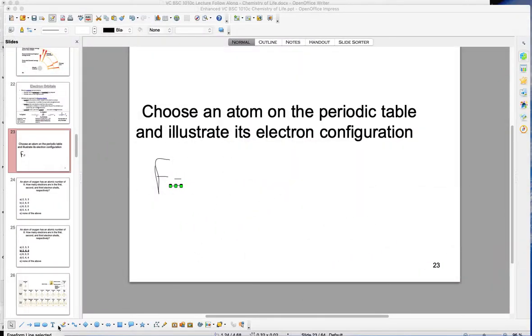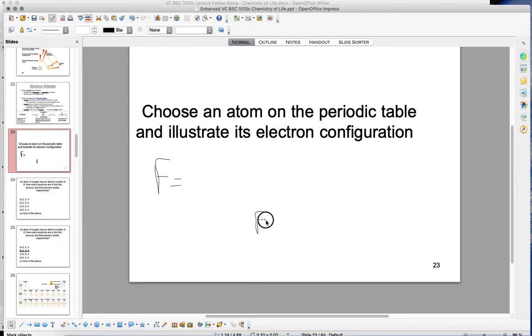Okay, so if we do fluorine like this, we said that we can fit 2 in the first shell. So 1, 2, 3, 4, 5, 6, 7, 8.